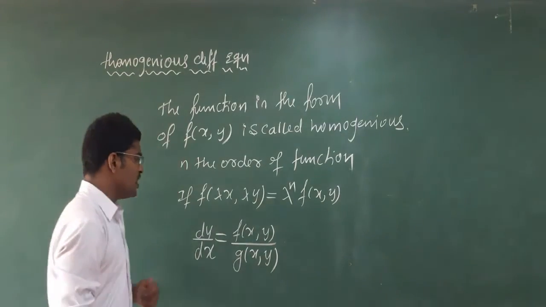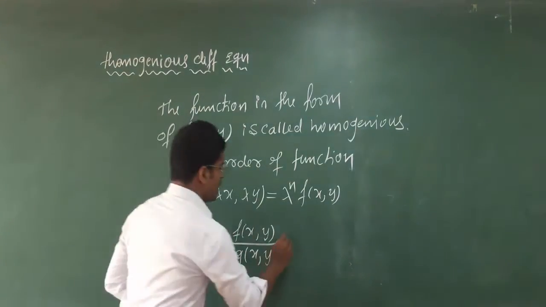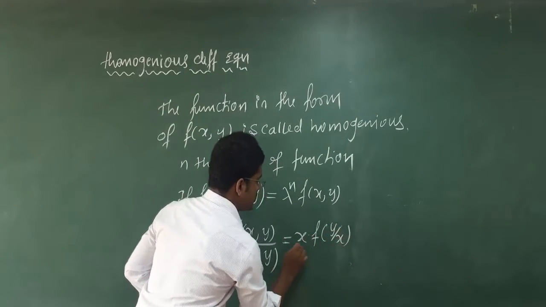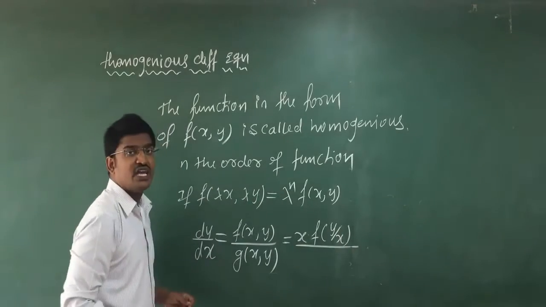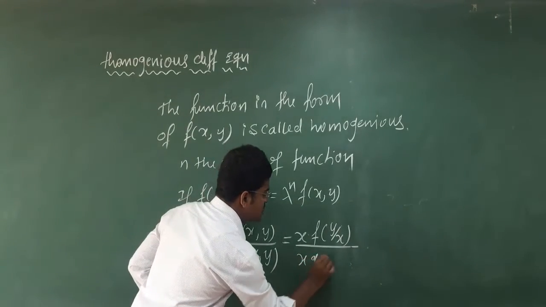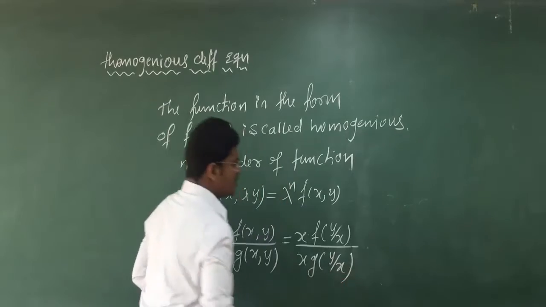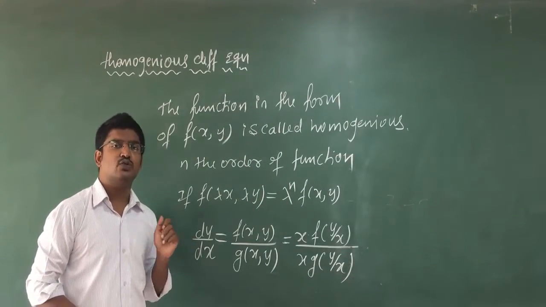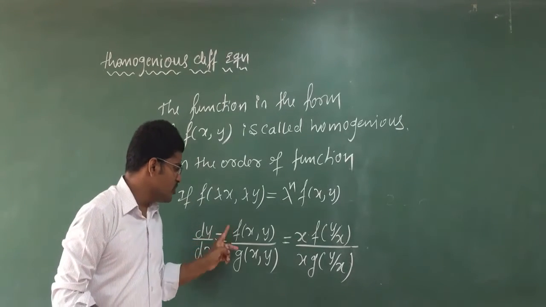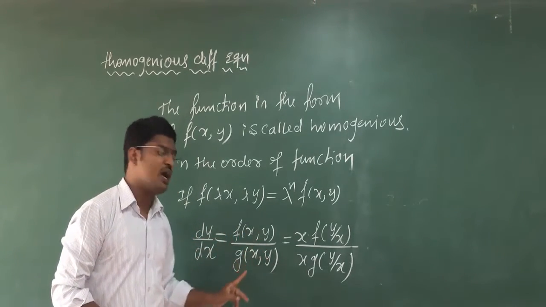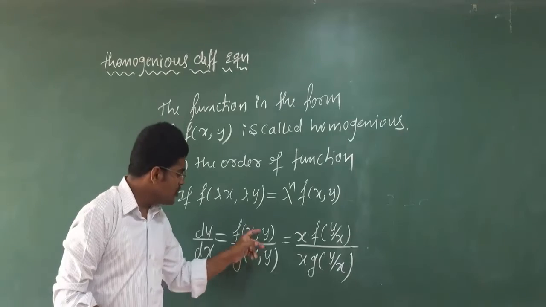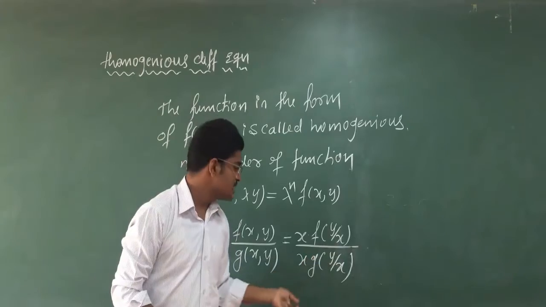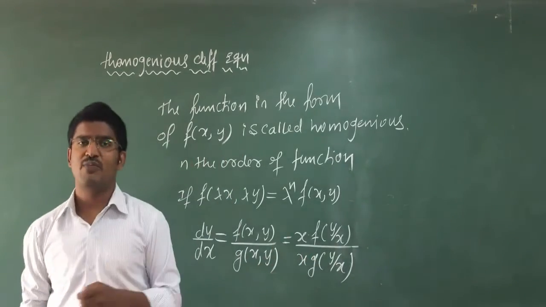From this, if I take x common, it will be equal to f of y by x divided by g of y by x. So this is what your homogeneous differential equation is going to have. From f of x comma y divided by g of x comma y, taking x as common, it will be x into f of y by x, x into g of y by x.